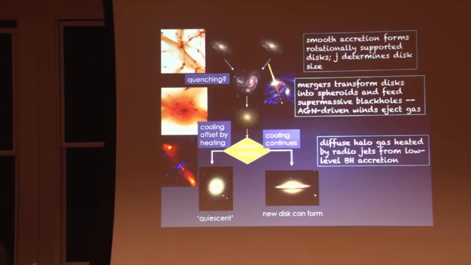And mergers can transform galaxy morphology, as I already mentioned. And in this picture, mergers also drive gas into the centers of galaxies and build the supermassive black holes. So mergers, rapid black hole growth, and morphological transformation are all connected in this model. Now, of course, that may all be wrong, but this is the picture that we're working with here.